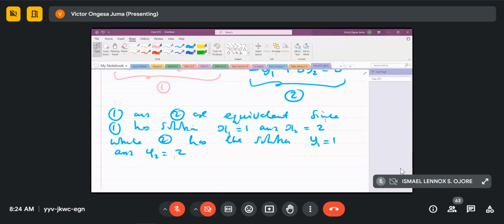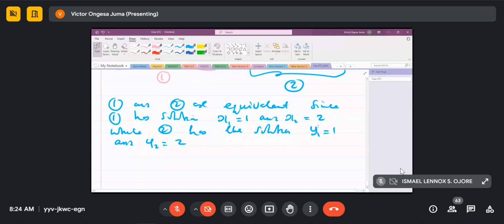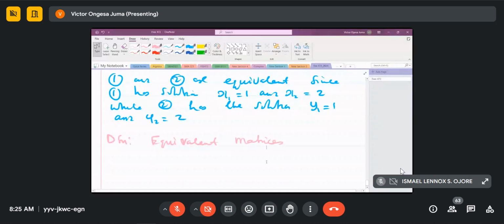So having seen what an equivalent system is, can we also define equivalent matrices? So what are equivalent matrices?